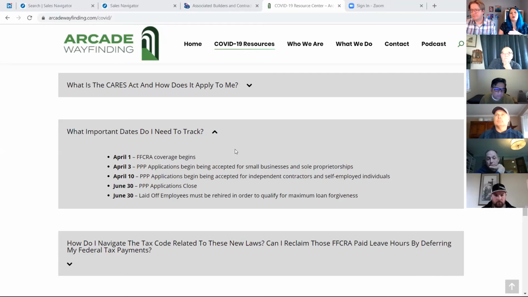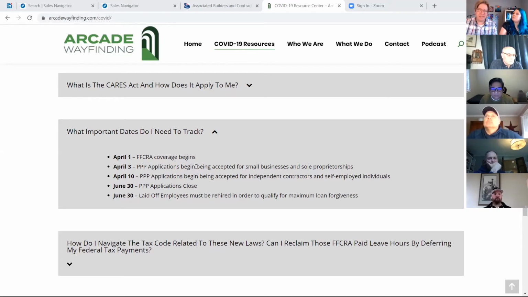So anyone who's kind of a carpenter who just does work for themselves and doesn't really have a team, that's an independent contractor or a self-employed individual, you have to wait till April 10th to apply, to make a little extra room for those companies that really need it for the payroll.